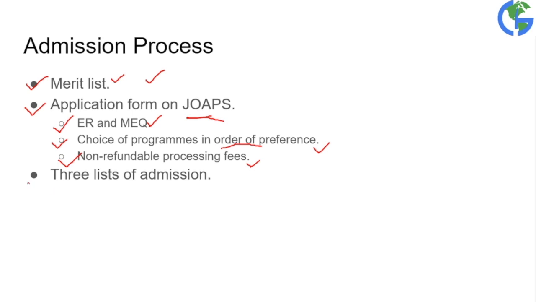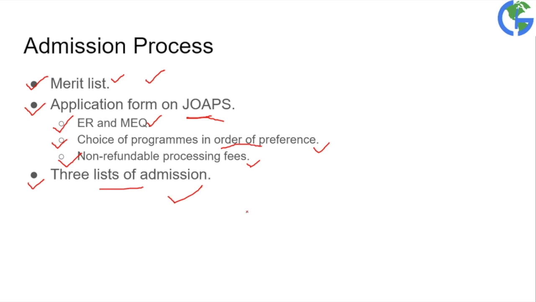Now the organizing institutes of JAM will one by one release the lists of admission. So there will be in total three lists. The first list will be declared, in which a few seats will be filled, a few will be left vacant, and maybe some students get calls from two institutes, right? But he cannot take admission in both the institutes. He will have to choose only one. So the institute in which he does not choose to take admission, that seat will be vacant.